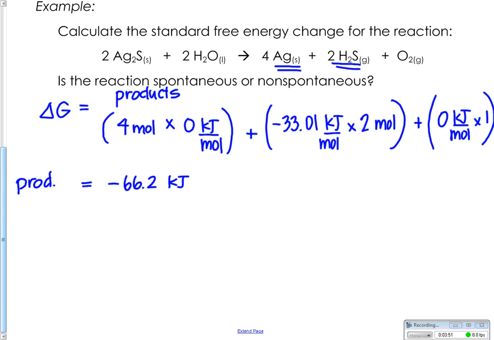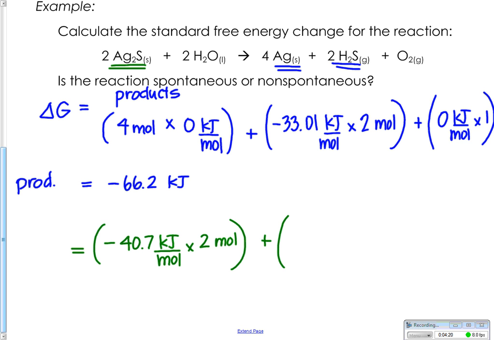I'm going to do the same thing now for the reactants. So looking at the silver sulfide. Now this one right here, silver sulfide, that one is not in your textbook. I found it in a different textbook. So you just have to take my word for this one. You have a value of negative 40.7 kilojoules per mole. And we're going to multiply that one by 2 moles because of the coefficient of 2. And then I'm going to add to that the value for water. Now water, if we look that up, has a value of negative 237.13 kilojoules per mole. And again, in this balanced chemical reaction, there are 2 moles.